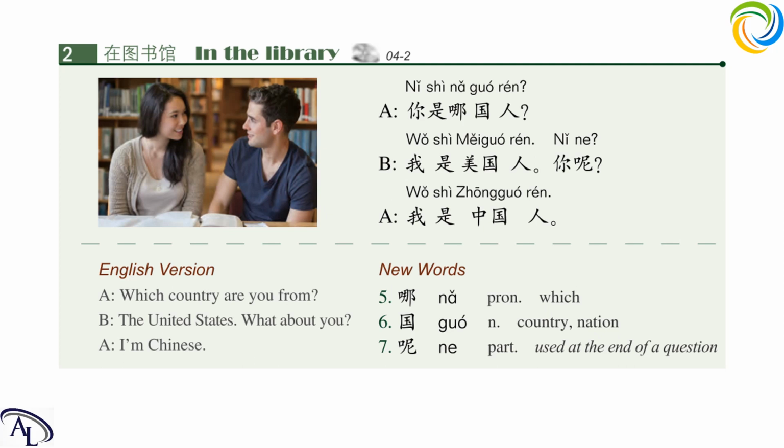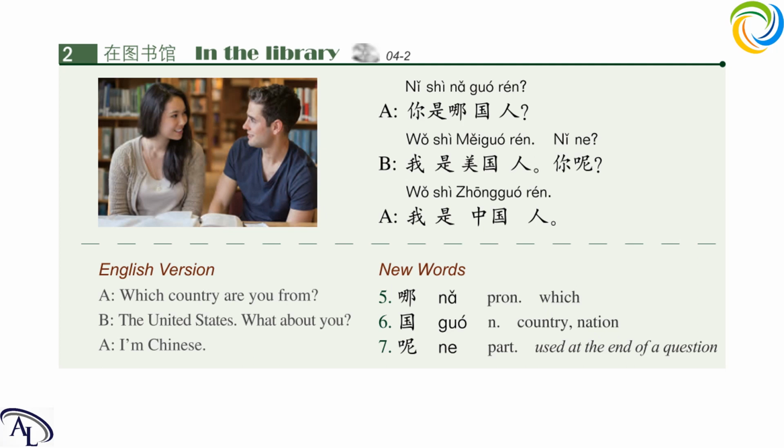And B answered. 我是美国人. 我 me. 是 to be, I am 美国人 American, I am American. 你呢? 你 means you and 呢 we just learned it is a particle used at the end of a question and 呢 actually is used to ask a question about something mentioned before and for this sentence 你呢 something mentioned before is the nationality, right?